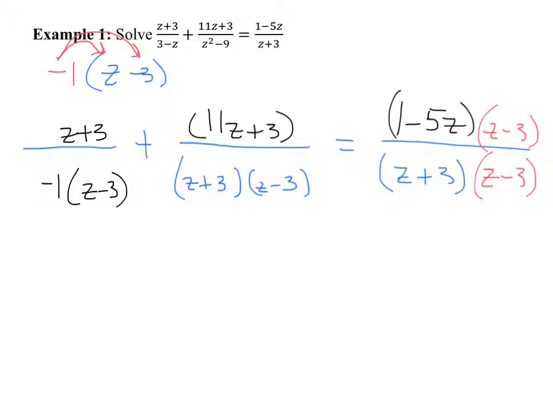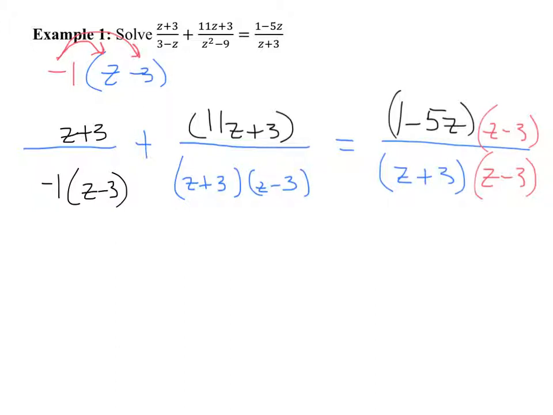So again, I'm rewriting the bottom left fraction as a negative 1 times the quantity z minus 3. I did that because z minus 3 is here, and z minus 3 is here. So I get the same in all three of these. Now the z plus 3 needs to go over here, but this negative 1 needs to go here and here as well.